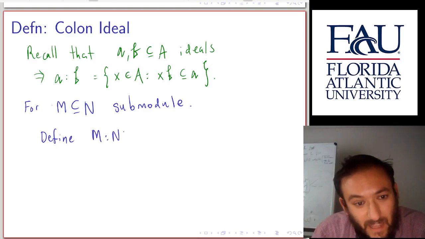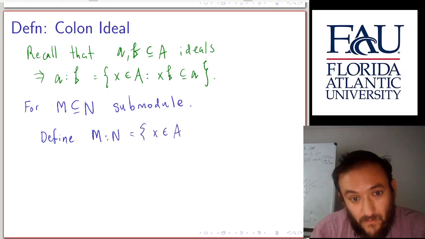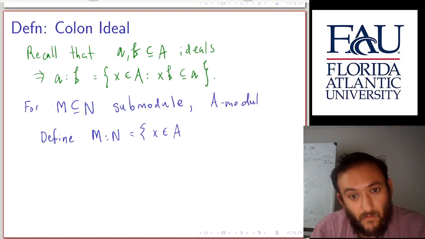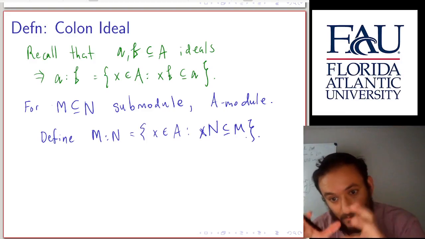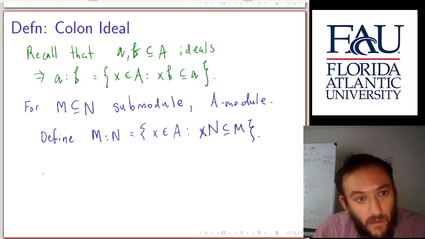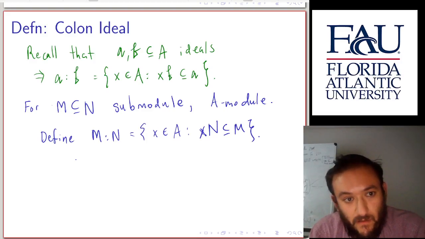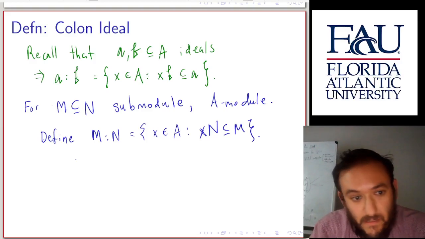Define M colon N to be the set of elements in the ring A, okay, so these are both A modules, such that xN is contained in M, because we're sending it to a submodule of itself by multiplication with elements of A. This is called the colon ideal associated to this module and its submodule.